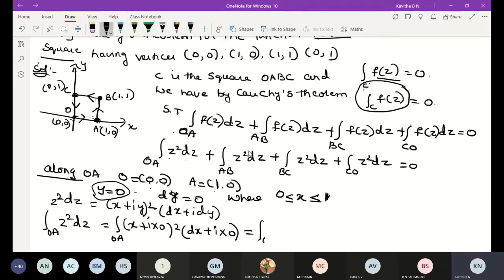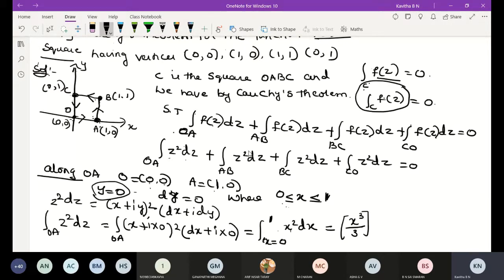Integral along OA: here y varies from 0 to 1, meaning x varies from 0 to 1, so it is the integral from 0 to 1 of x square dx. Integration of x square is x to the power of 3 by 3.